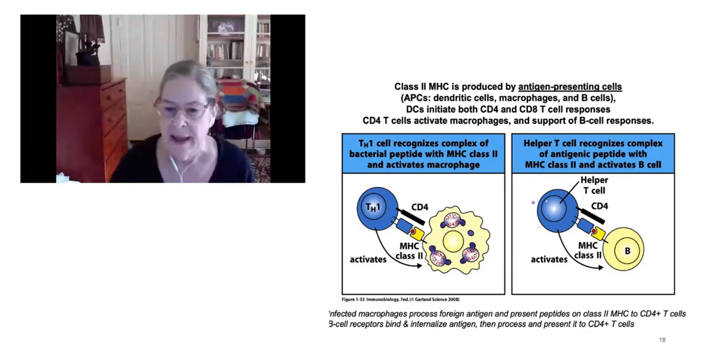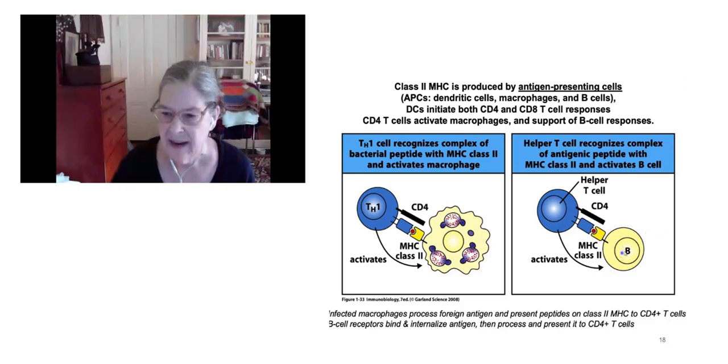Meanwhile, helper T cells, there are about 7 different subsets of helper T cells. The T follicular helper T cells are kind of interesting. A B cell, just imagine it has antibody on its surface, and it binds to antigen.